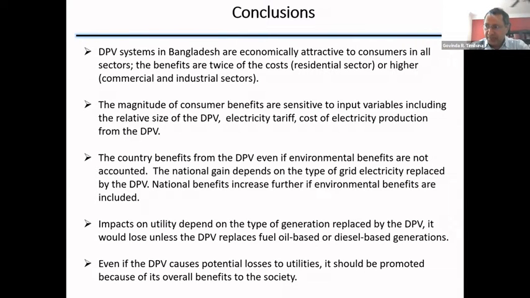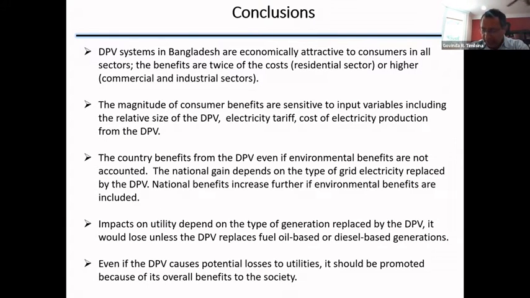Similar analysis has been done for Turkey, I think Uzbekistan, Lebanon, many countries. I will double check whether some of our colleagues are still working in Colombia or not. If not, this could be something interesting. I can talk to them. Maybe we should also check the economics of DPV in Colombia. That is something doable. Maybe we can communicate offline after some time on that.